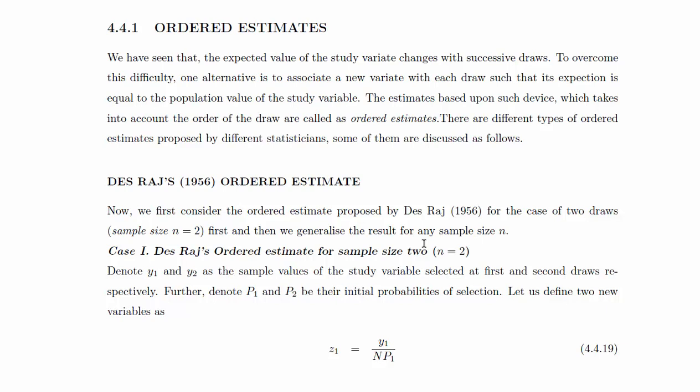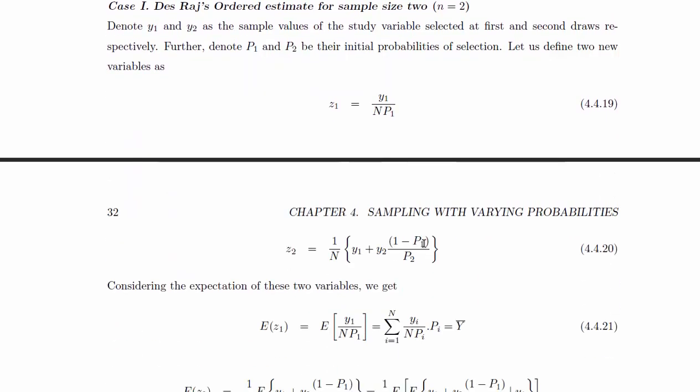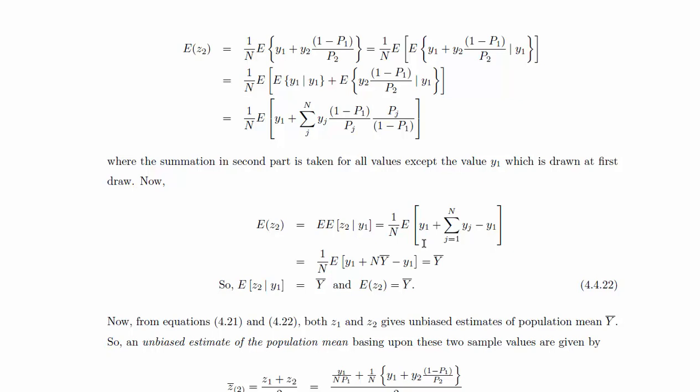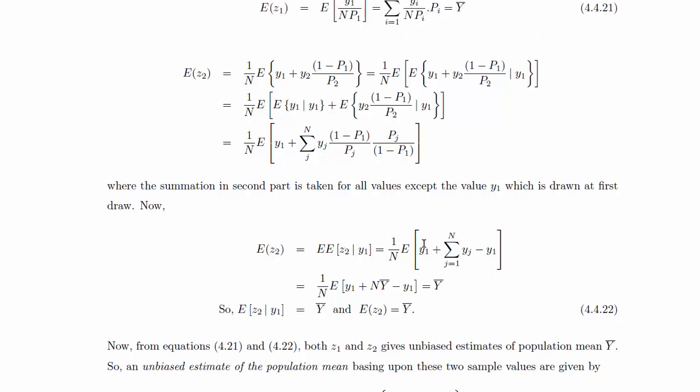We define Z1 equal to y1 by np1 and Z2 equal to 1 by n, y1 plus y2 into 1 minus p1 by p2, so that expectation of Z1 equal to y bar and expectation of Z2 also equal to y bar.